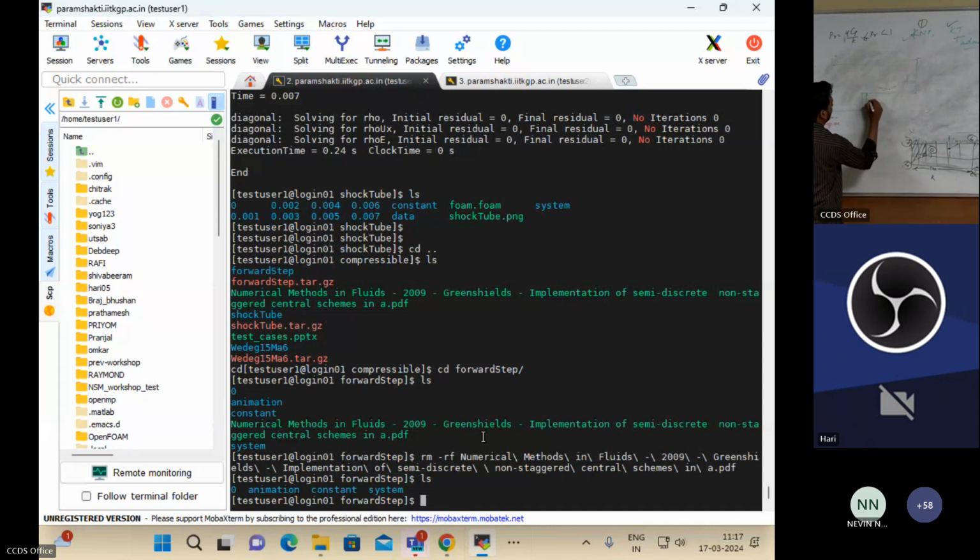So this is a certain h distance. This has some dimensions, and this is some dimension. I've taken a case setup from Woodward and Colella. You can refer to that paper as well.